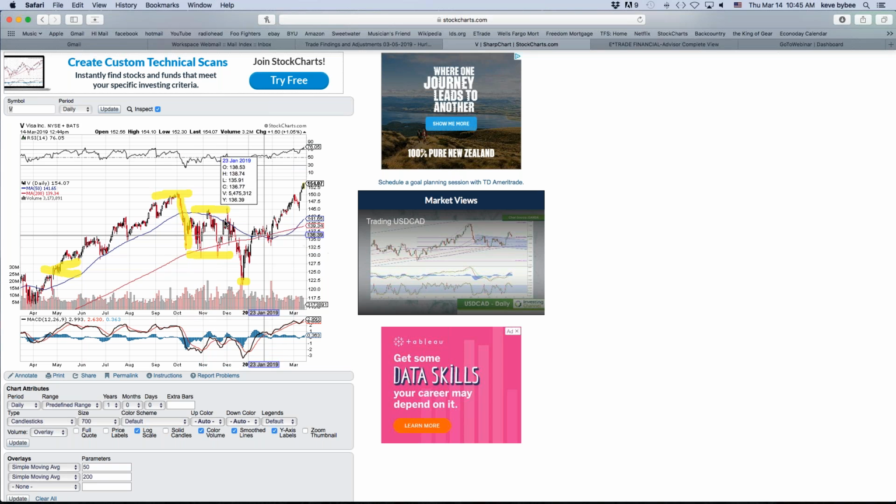We were able to dollar cost average, where when things fell, somewhere around here, we were able to buy more contracts, lowering our cost basis, so that in the event that it got back up, we were even more profitable. Of course, it went back down. Somewhere in here, we added a couple more.